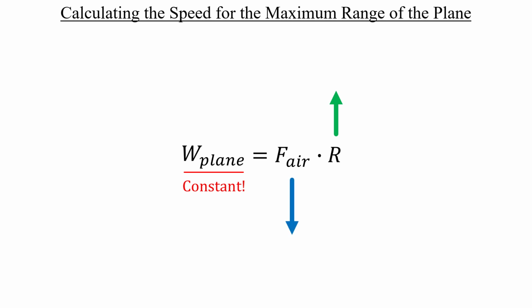The question is, well, how can we do that? Well, we can take a derivative of the air resistance force with respect to velocity, set it to 0, and then solve for the necessary speed in order to make that happen.